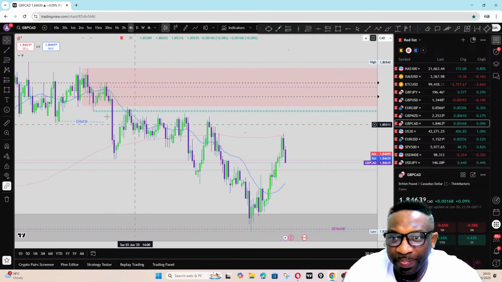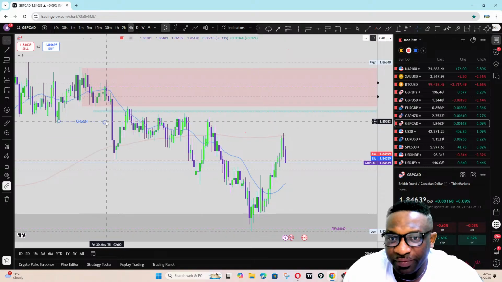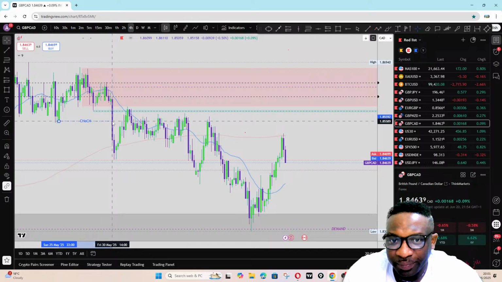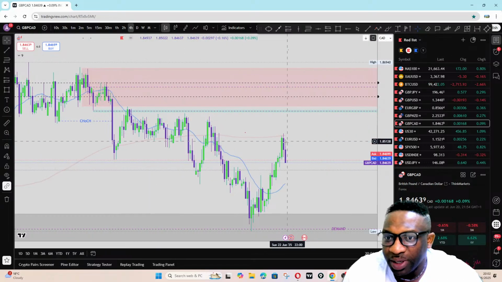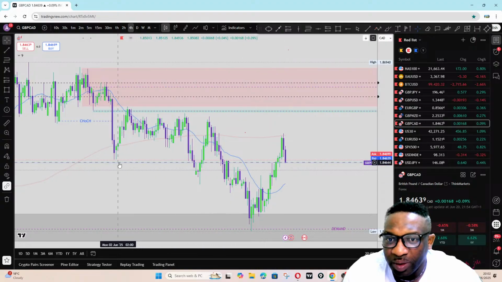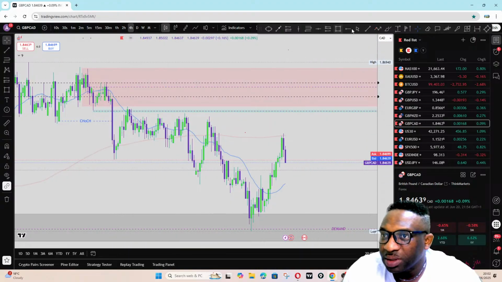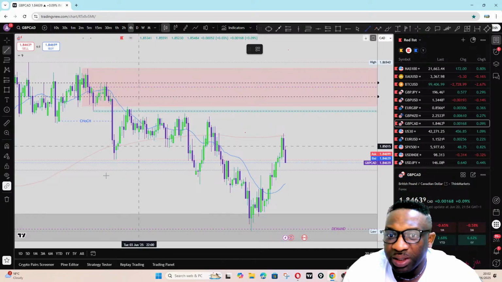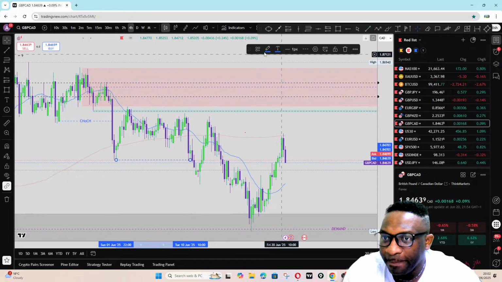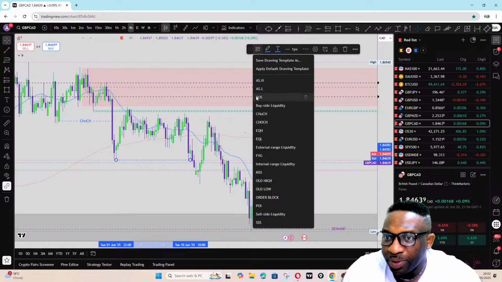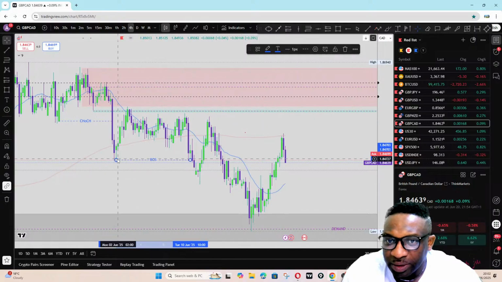So we have a change of character here that we identify on the daily. Let's see what we have here then. Price traded here, causing a break of structure.